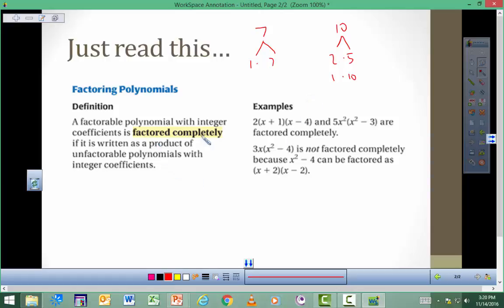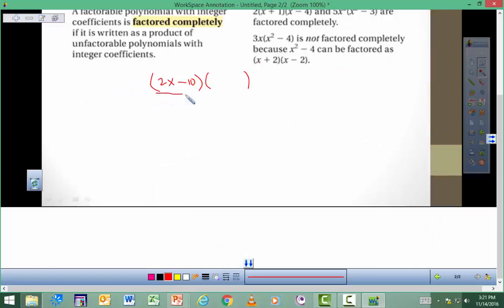Well, the same is true when we're factoring. If you have a factor and you're factoring along, and you have some factors here, and you have like 2x minus 10. Well, it turns out then that this factor is not a prime factor.